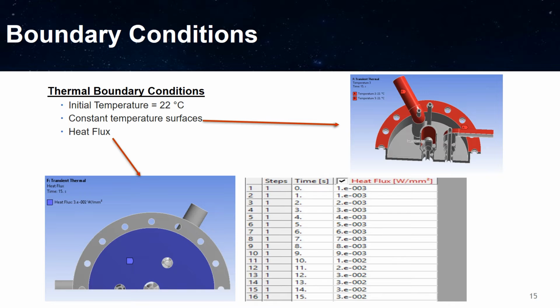That allows these surfaces to be at around atmospheric temperature instead of getting hot. So we've allowed these surfaces to be at a constant temperature of 22 degrees Celsius.